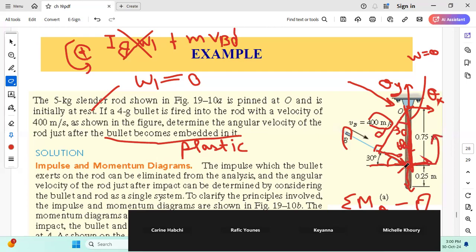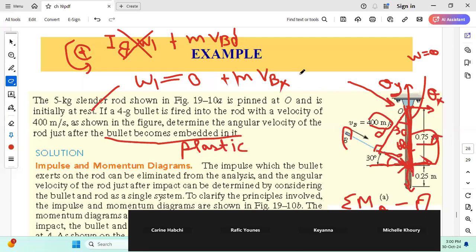Since m VBX causes a counterclockwise moment about O, the angular momentum is plus mass of bullet times velocity of bullet in X times the perpendicular distance, which is 0.75.